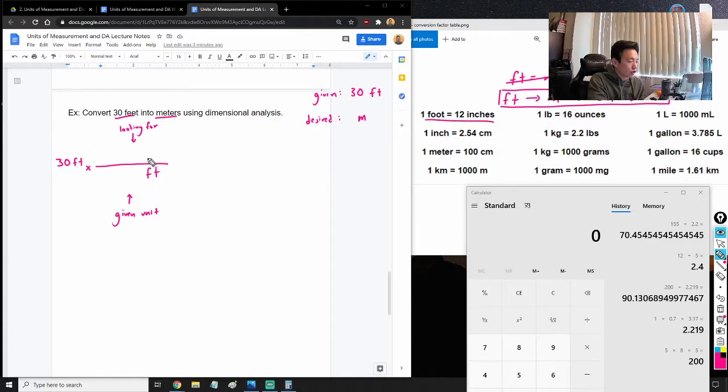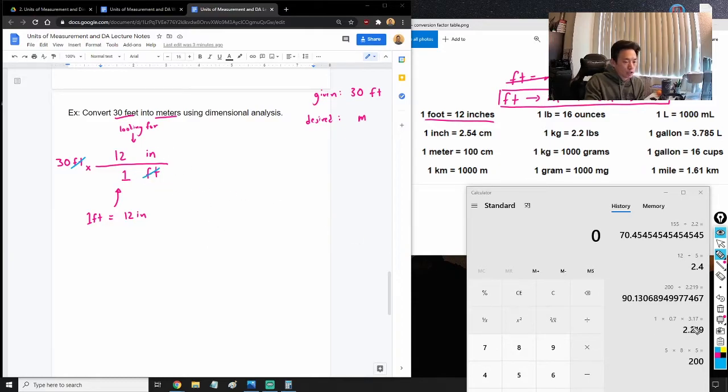We're going to put feet on the bottom, because that's what we want to get rid of, and the number next to feet is 1. So we put 1 foot on the bottom, and on the top we put 12 inches. The reason we do that is so that these feet can cancel out.